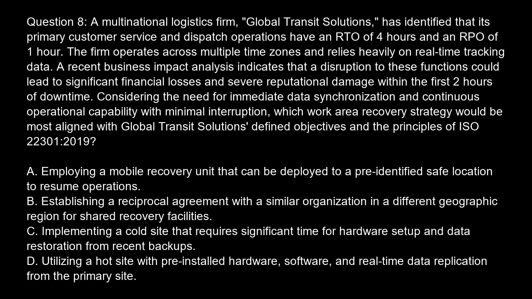A recent business impact analysis indicates that a disruption to these functions could lead to significant financial losses and severe reputational damage within the first 2 hours of downtime. Considering the need for immediate data synchronization and continuous operational capability with minimal interruption, which work area recovery strategy would be most aligned with Global Transit Solutions' defined objectives and the principles of ISO 22301:2019?